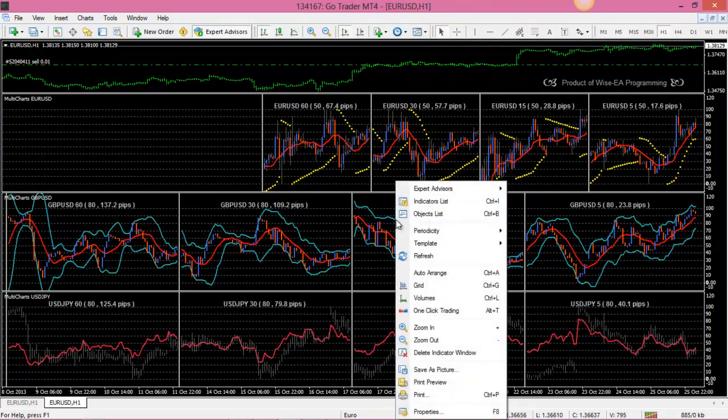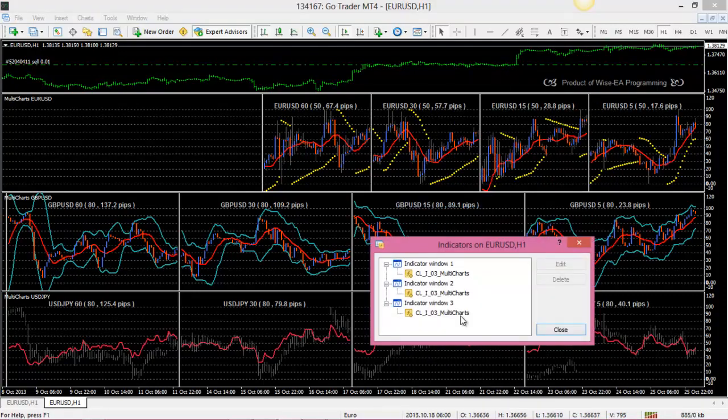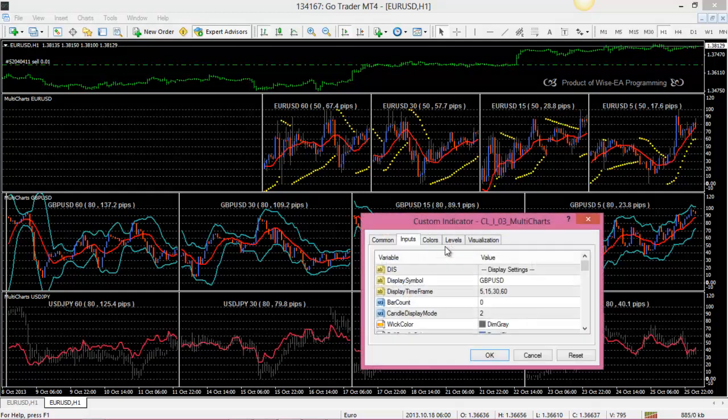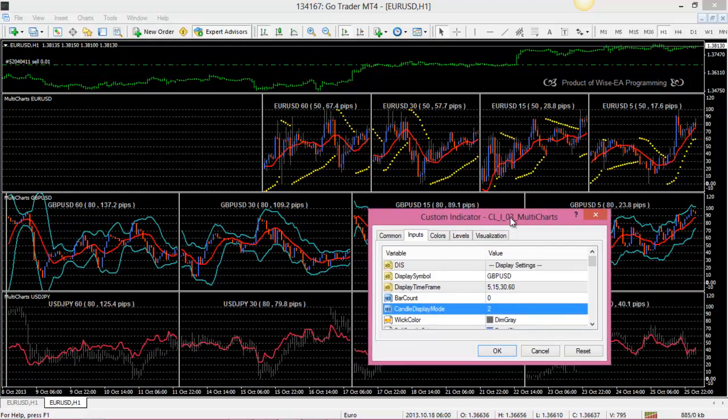And for the second indicator, this is how I set it. Now let's look at the second one. We're setting it to display GBPUSD, and here for bar count, I'm setting it to 0. 0 means it will fit the current screen. Okay, so now here is candle display mode, and you have a choice between 1, 2 and 3.